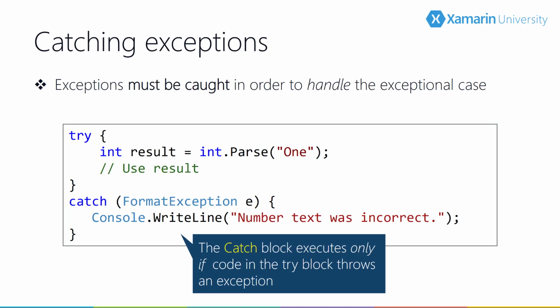And the catch block can be used for various purposes, including graceful recovery from an error, logging, reporting of details of the problem, maybe freeing up resources. But once the catch block has finished executing, or if no exceptions occur within the try block, then the program continues with the next statement after the try-catch statement.